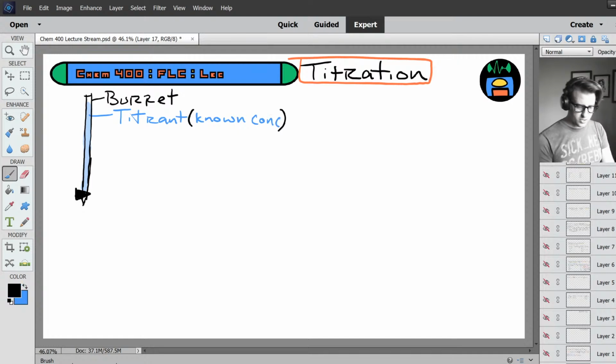All right, so you've got your titrant, your solution of known concentration, and then beneath the burette, you'll have, usually in an Erlenmeyer flask, that's my really crummy drawing of an Erlenmeyer flask. There's some perspective.